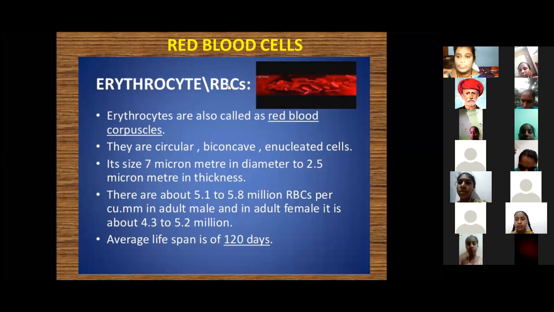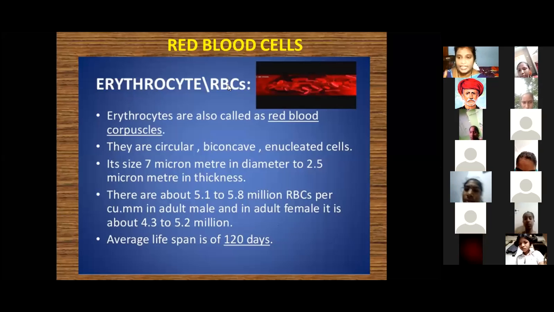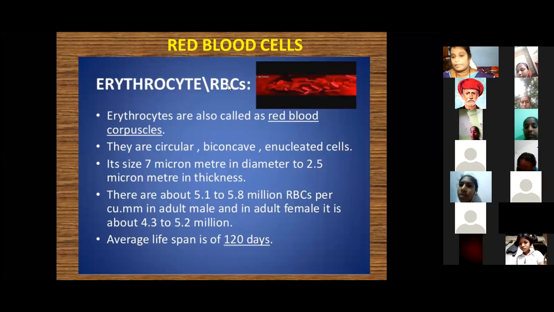How many red blood cells are there in your body? That is 5.2 to 5.8 million. But in adult females and males, it is 4.3 to 5.2 million RBCs. Can you understand, ma'am?